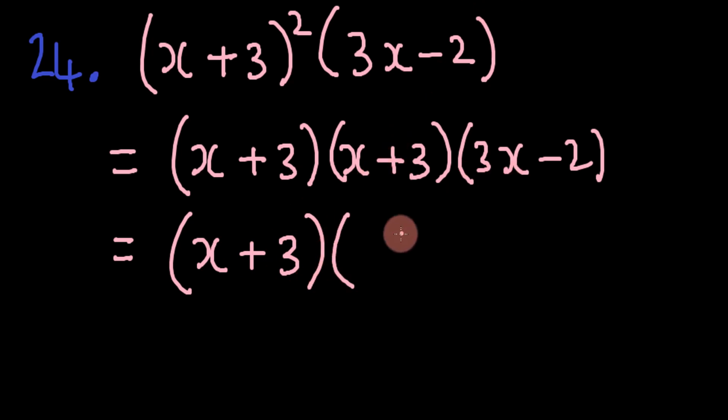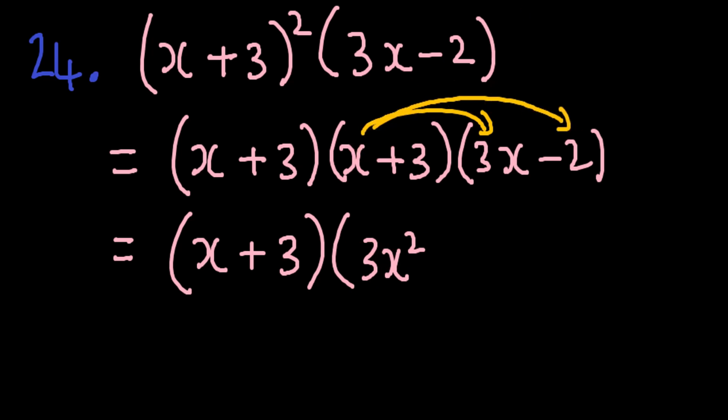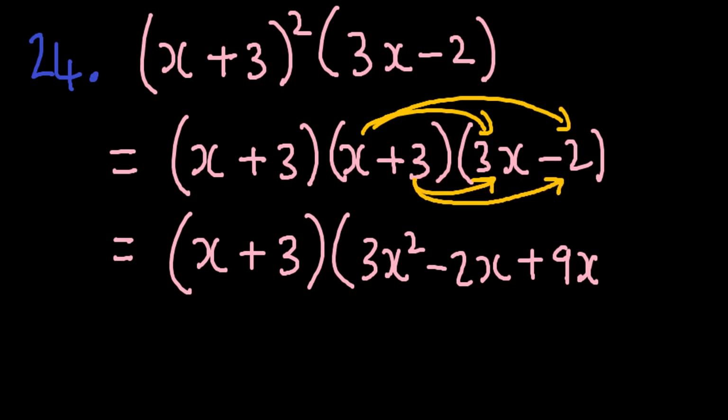So x times 3 is 3x squared. Then x times negative 2 is negative 2x. Then we have 3 times 3x, which is 9x. And positive 3 times negative 2 is negative 6.